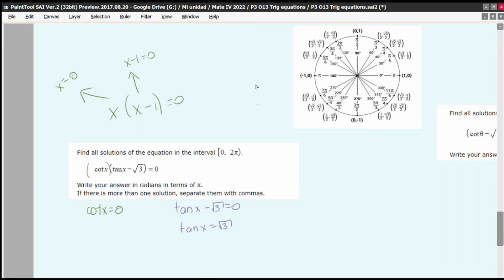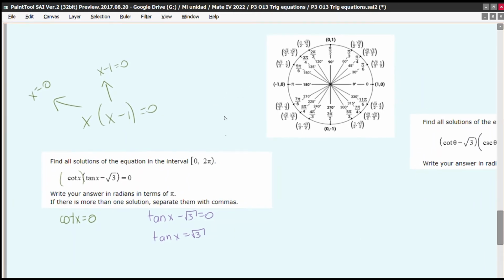If you look at the unit circle, you will see that whenever you have a coordinate that has a square root of 3, it's actually a square root of 3 over 2, and the other coordinate is a 1/2. Like here, one coordinate is the square root of 3 over 2, and the other one is 1/2, etc., etc.